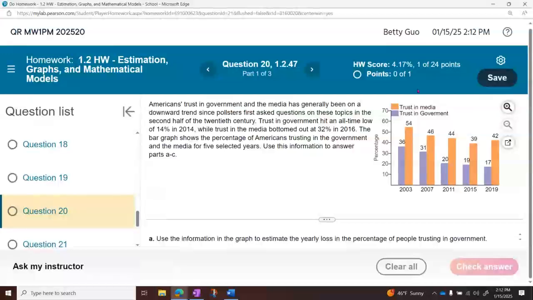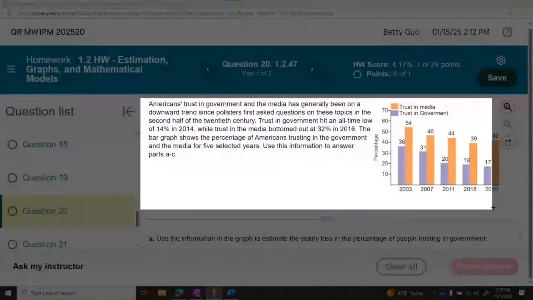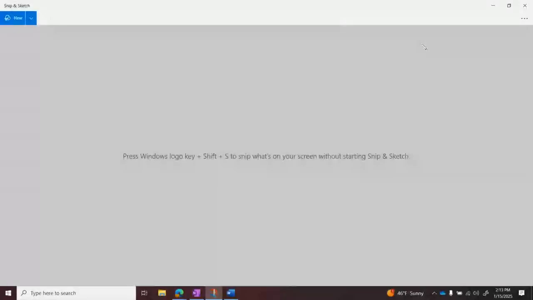And the purple, or grayish purple color, is trust in government. In general, fewer people trust in government compared with trusting in media. And the trend is also going down. In 2003 it is 36%, in 2019 17%. So this is a linear model problem as well, guys. It's just that this linear trend is going down, okay?